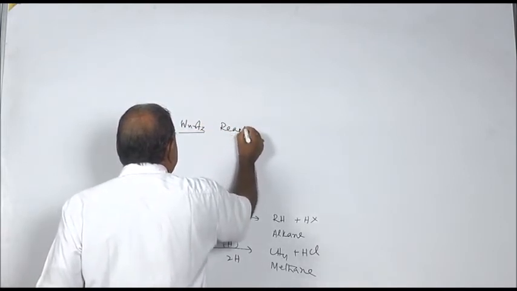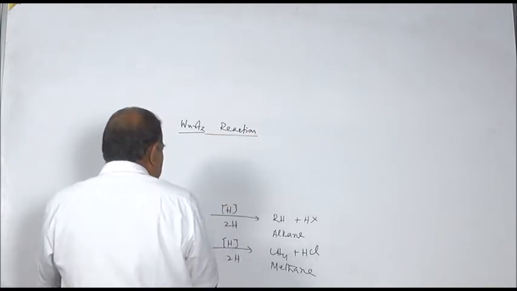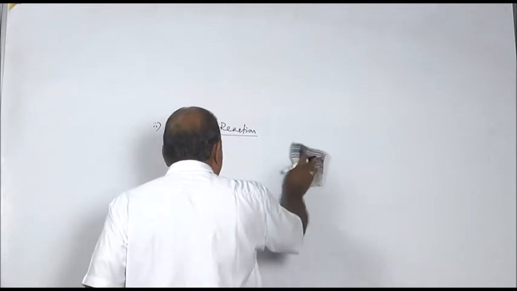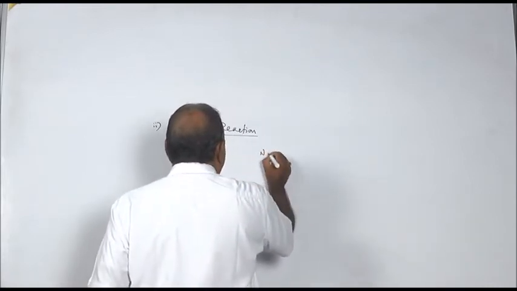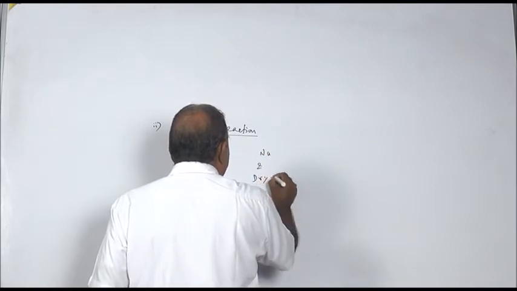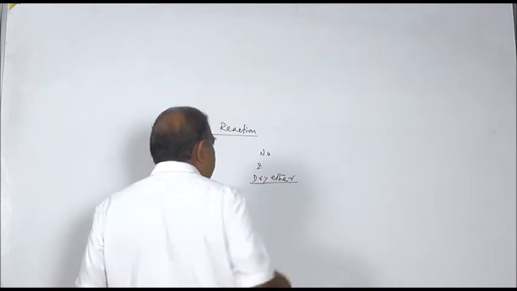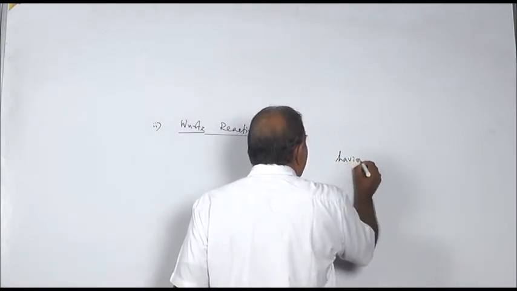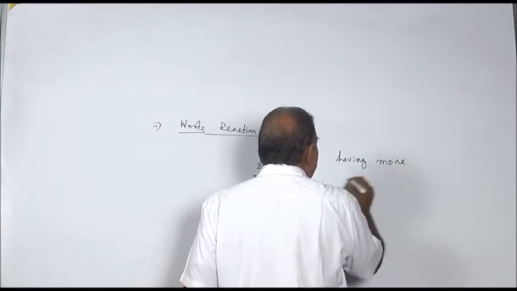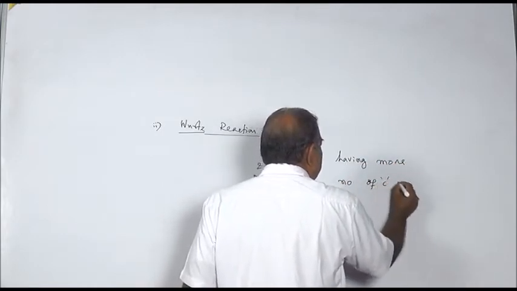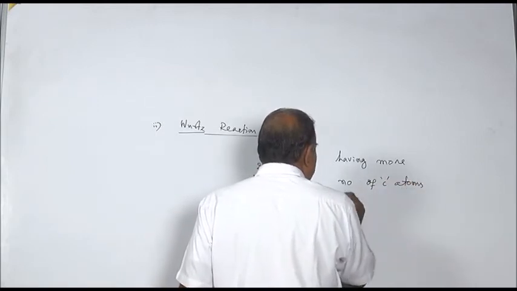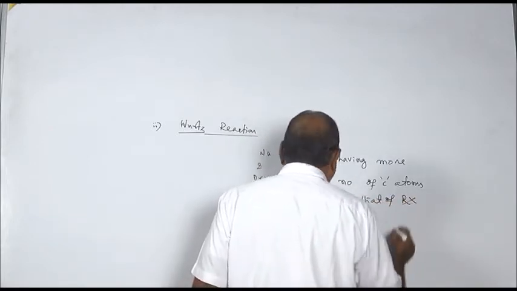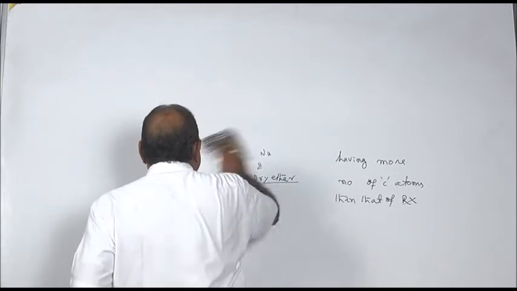Here two molecules of alkyl halide combine in presence of metallic sodium and dry ether to form an alkane having more number of carbon atoms than that of alkyl halide. This reaction is called Wurtz reaction.